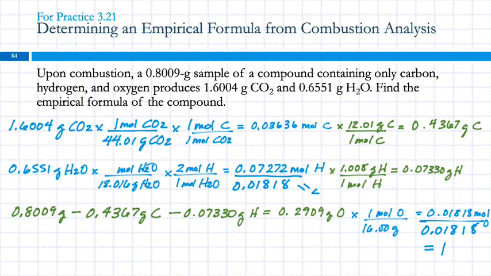This is going to give me 4. And that's giving me 2. So 2 moles of carbon to 4 moles of hydrogen to 1 mole of oxygen. Empirical formula.